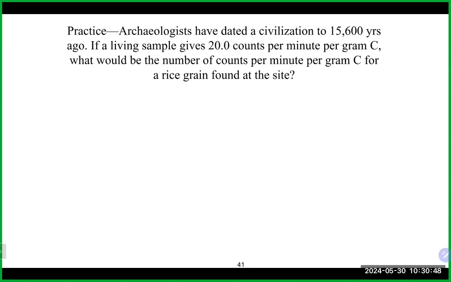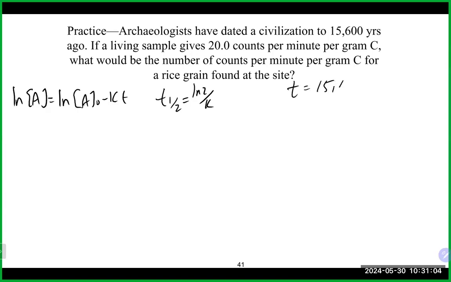Okay, so looking at this, once again, we are going to use our equations for first order. In this case, we are given a time of 15,600 years. A living sample, so living would be initial, or 20 counts per minute, again per gram of carbon.